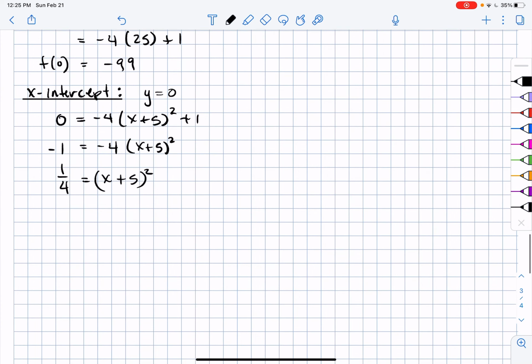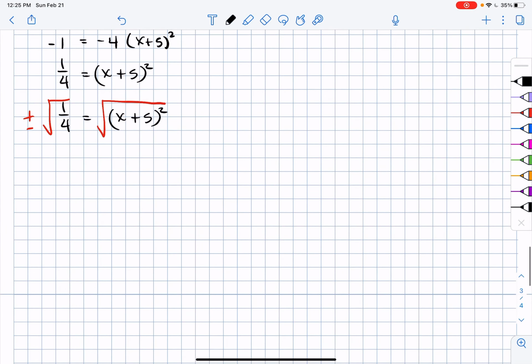Then I'm going to take the square root of both sides. So what I'm going to do is duplicate this and put it down here so that I can show I'll have to take the square root of this side and this side. The only difference is that I'll have to have that plus and minus. So I'm going to have plus or minus the square root of 1/4 is equal to x plus 5.